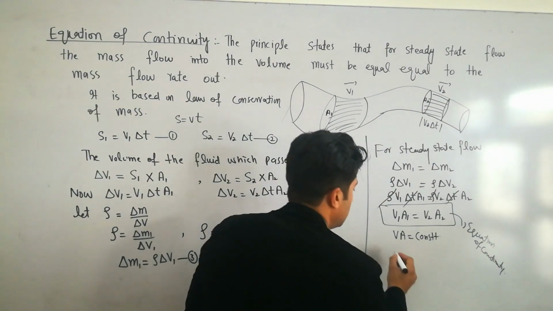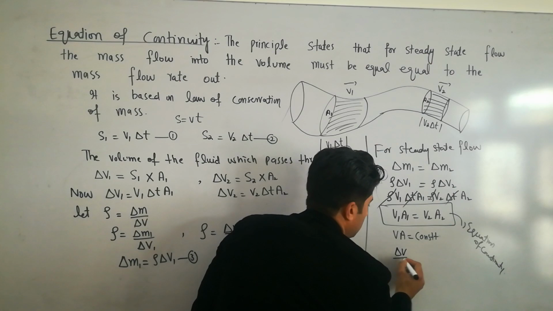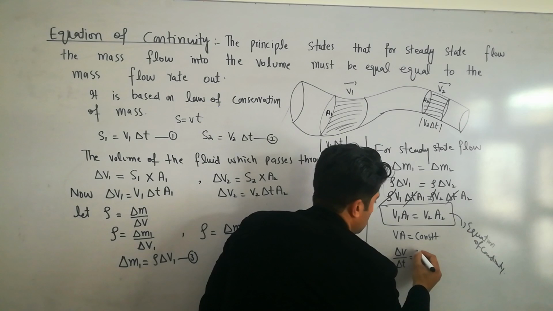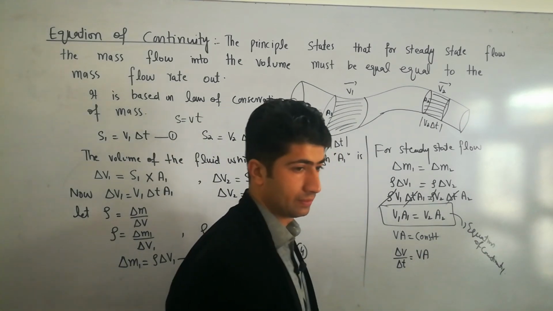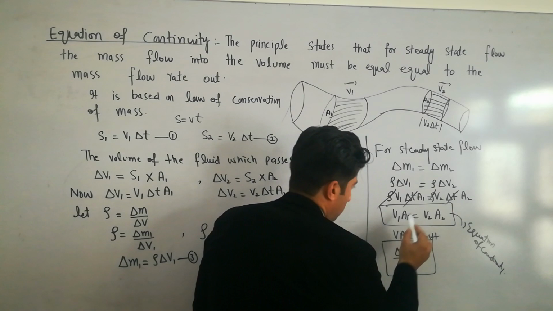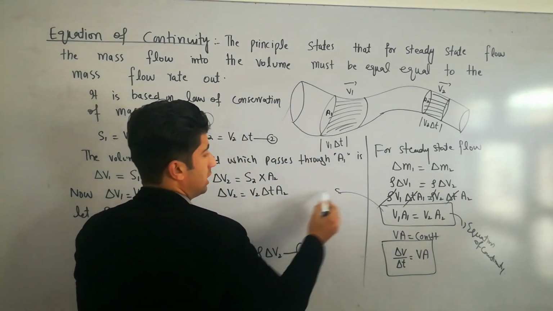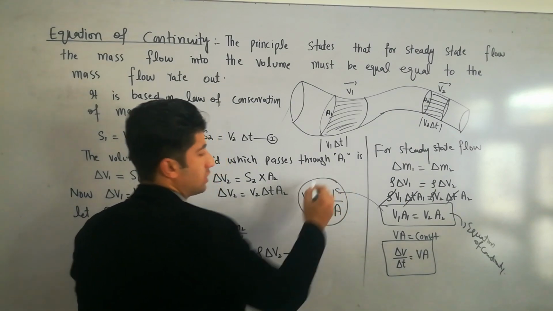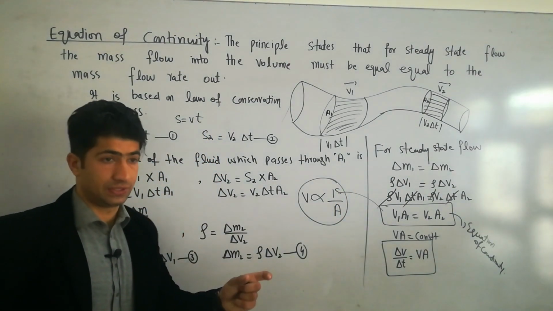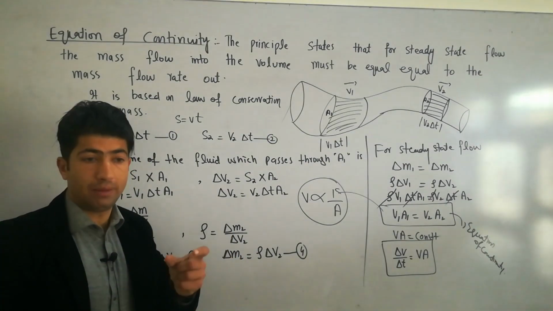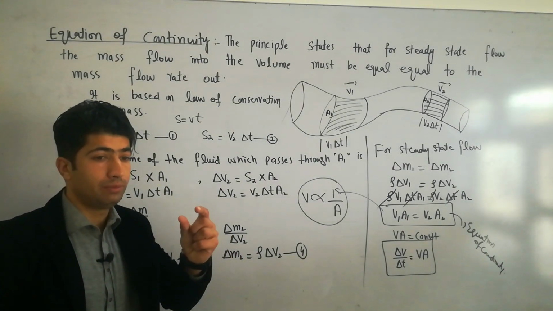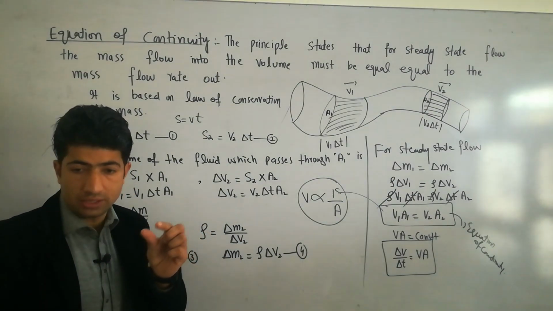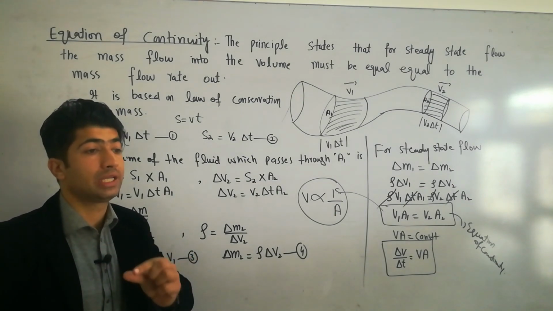You should remember that this constant is basically the time rate of flow of volume, volume divided by time, which is equal to VA. From this equation we can conclude that V is inversely proportional to the area of cross section. Whenever you increase the cross-sectional area of a pipe, the speed of the fluid decreases. And if you decrease the area of cross section of the pipe, the fluid speed will increase.